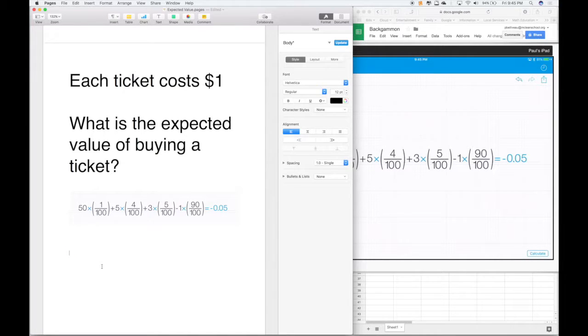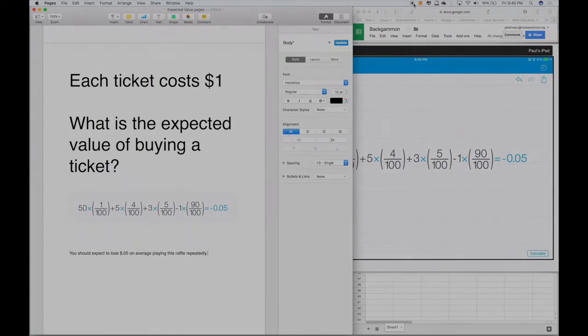Based on this math, if I were your consultant, you were asking me for advice, I would say you should expect to lose a nickel on average playing this raffle just repeatedly. That's my conclusion based on determining this expected value.